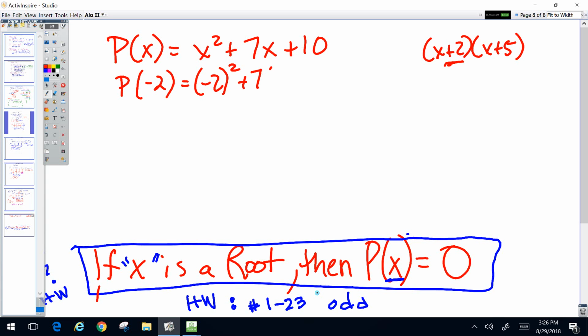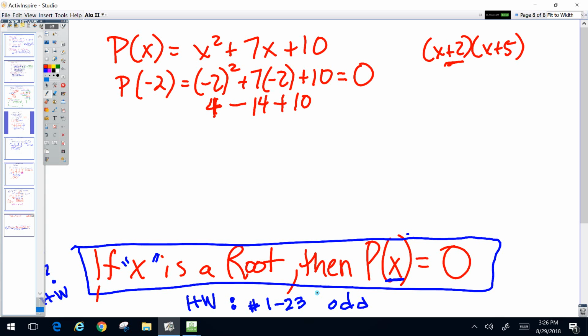When I plug in -2, let's see what I get out. This is 4. Minus 14 plus 10. What is that? 0. I got 0 again. This is right. That gives me the remainder. If I plug in a value, it gives me the remainder if I synthetically divide.